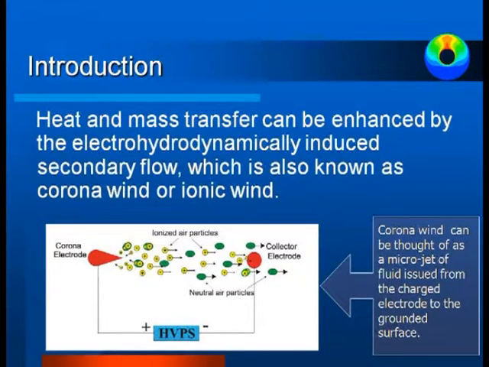Because of the same polarity, if the emitting electrode is charged at positive voltage, the positive ions will be repelled from this end toward the grounded electrode.